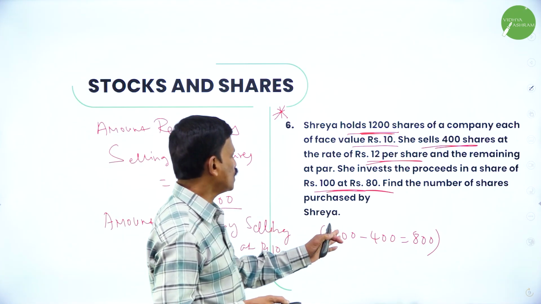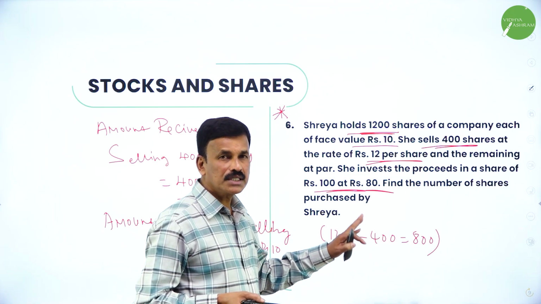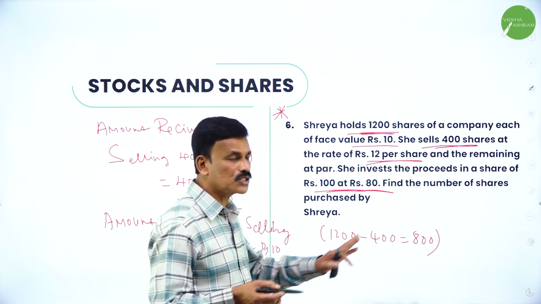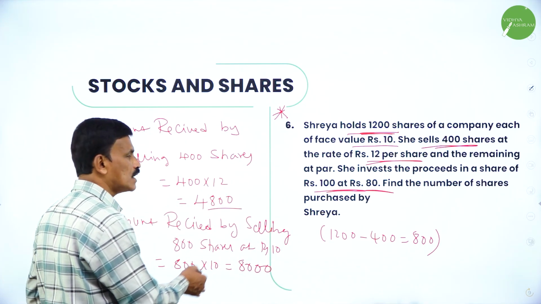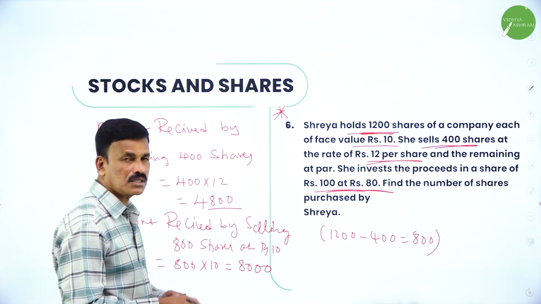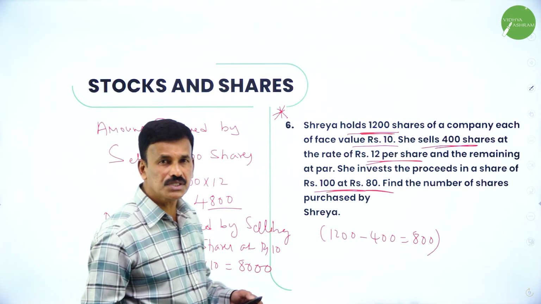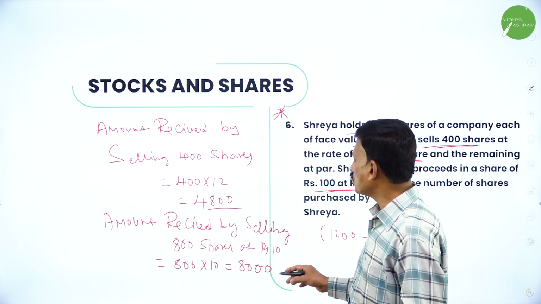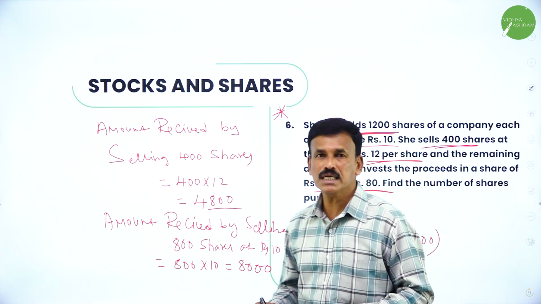So out of 1,200, we have 400 shares already sold. So therefore 1,200 minus 400 is 800. So the remaining 800 shares will be sold at rupees 10. So she is going to get an amount of 8,000 rupees. So therefore the total amount received is equal to the sum of these two. That is 4,800 plus 8,000, that is nothing but 12,800.